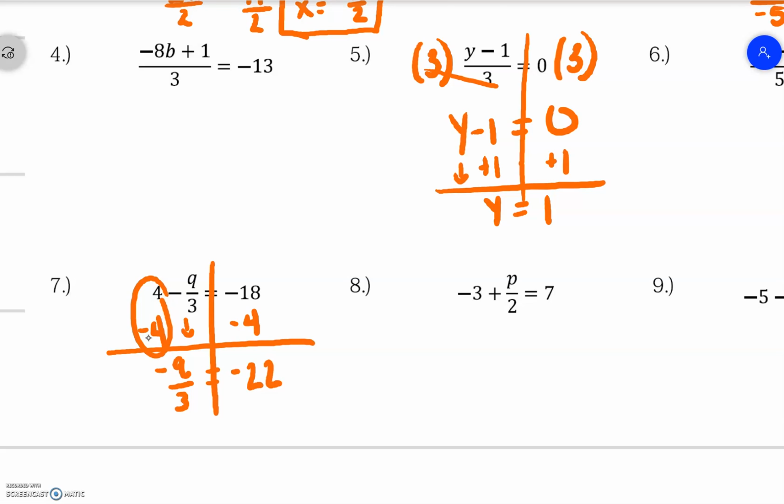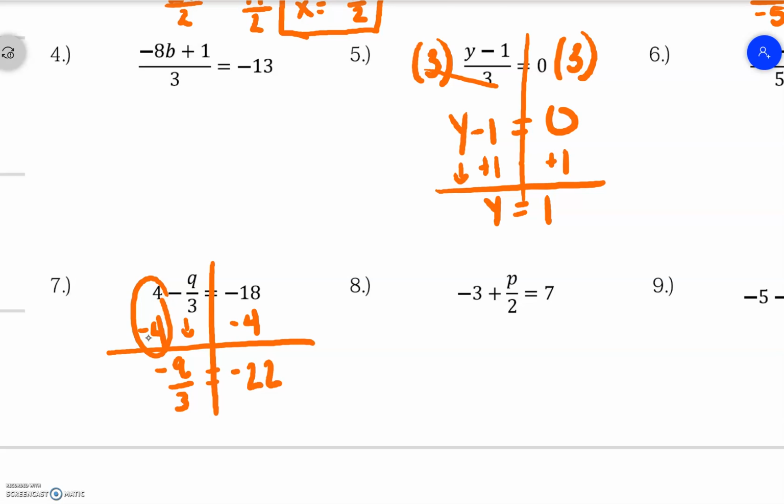And now, to get my variable all by its lonesome, I have to do something with that 3. So right now, q is being divided by 3. So the opposite of divide by 3 would be what? Yes, multiply by 3. But it's not just a regular 3, it is negative.